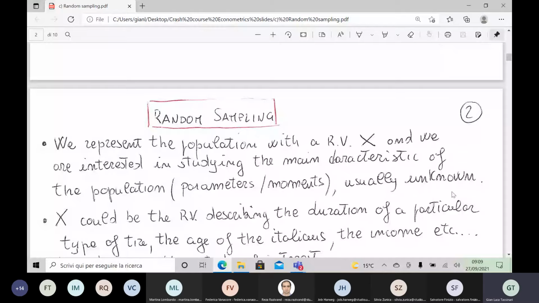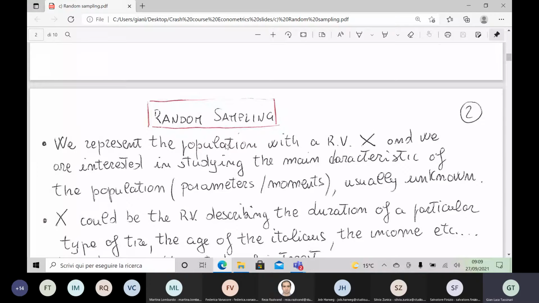Typically, in statistics, we simply say that we represent a population with a random variable X. That is, we represent the characteristic of the population of interest, for example, the income, through the random variable X. If you want to study the income of all the Italians, you introduce a random variable X, which describes the income for each Italian.